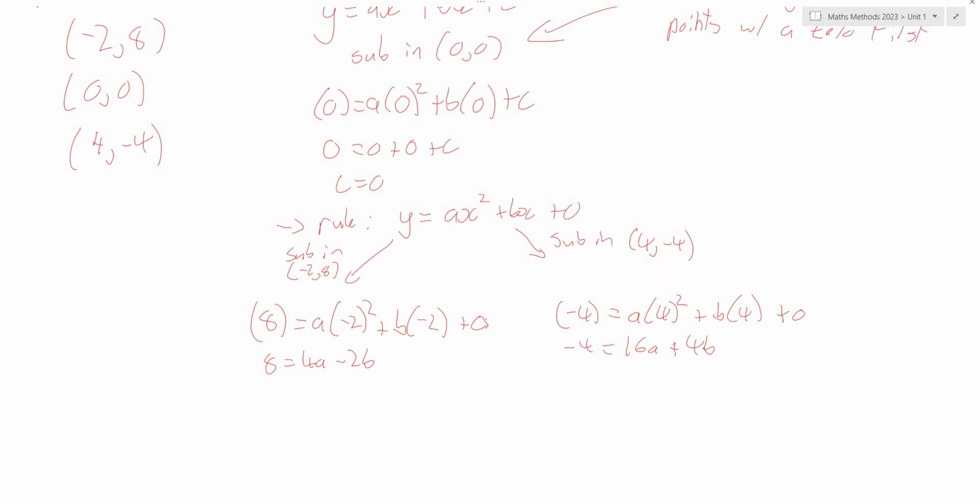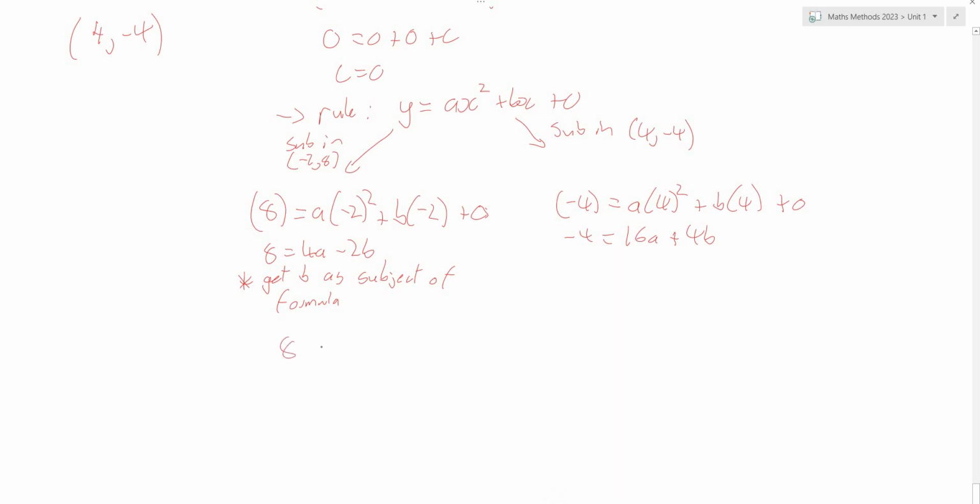Well, both of them have one that would be easy to get by itself. I'm looking at this 2b, and I reckon it'll be easy to get b by itself. So I'm going to make a note. Get b as subject of formula.